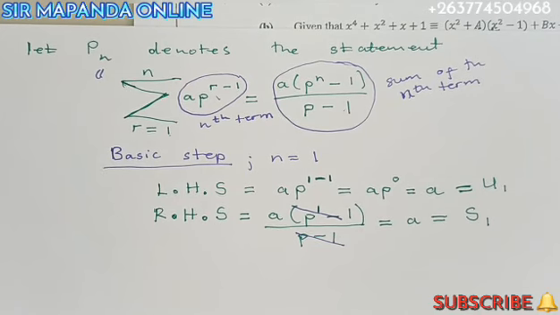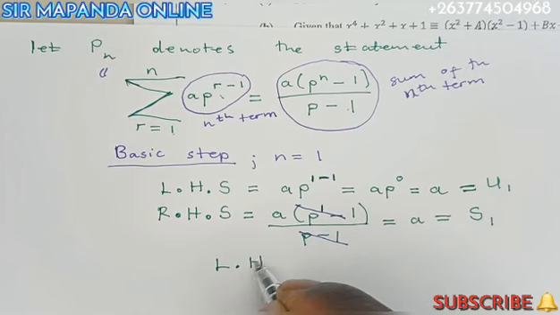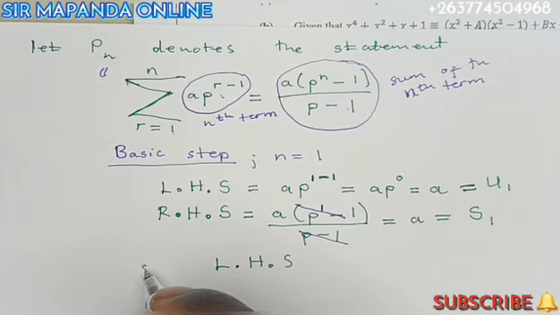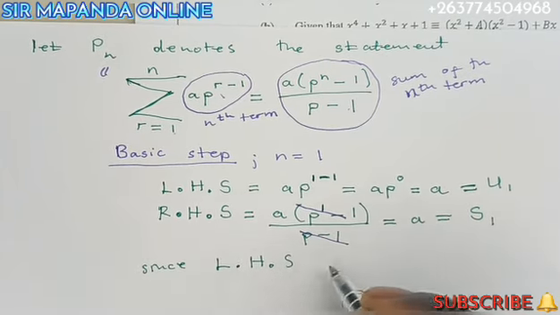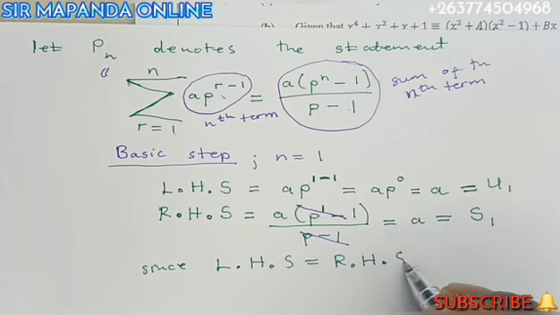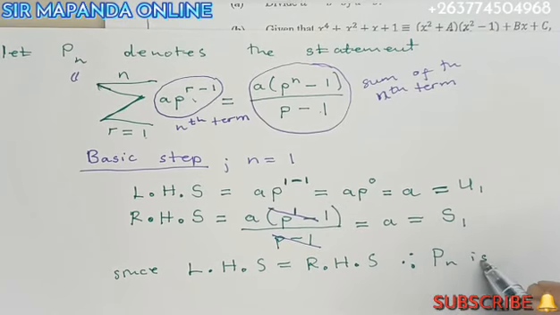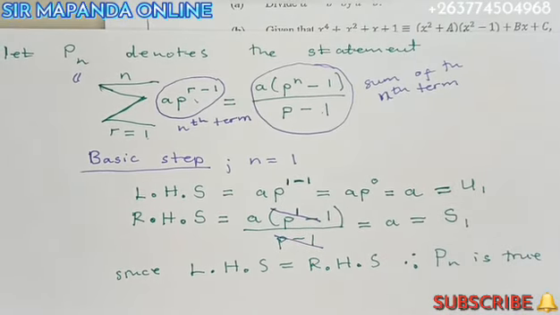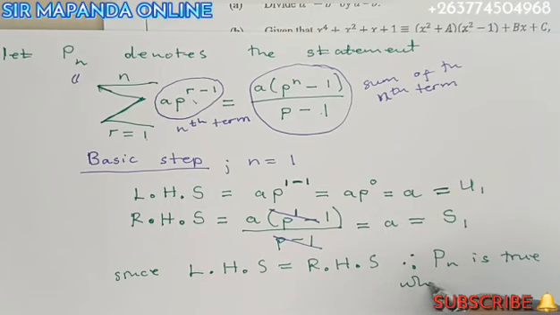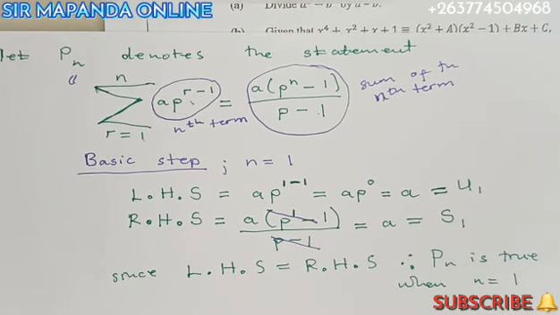So you can notice that left-hand side, right? You are saying since our left-hand side is equals to our right-hand side, therefore Pn is true when n is equals to 1. So we have proved on the basic step.